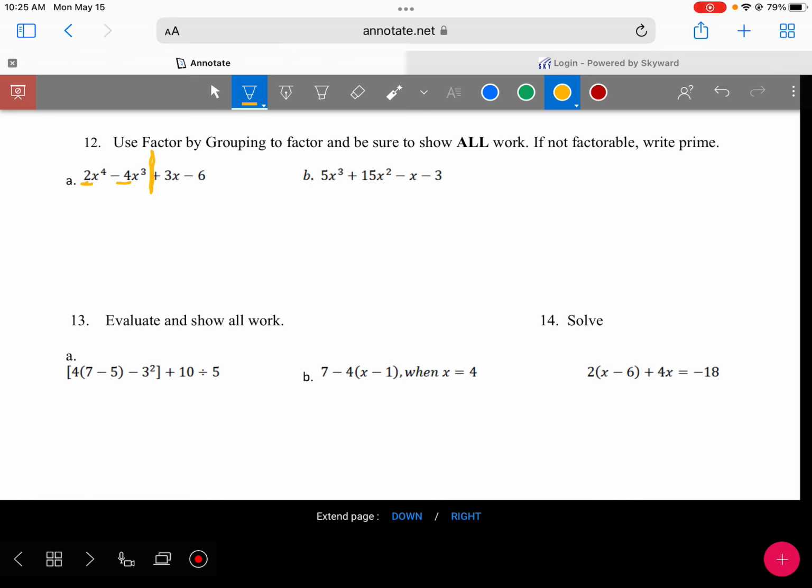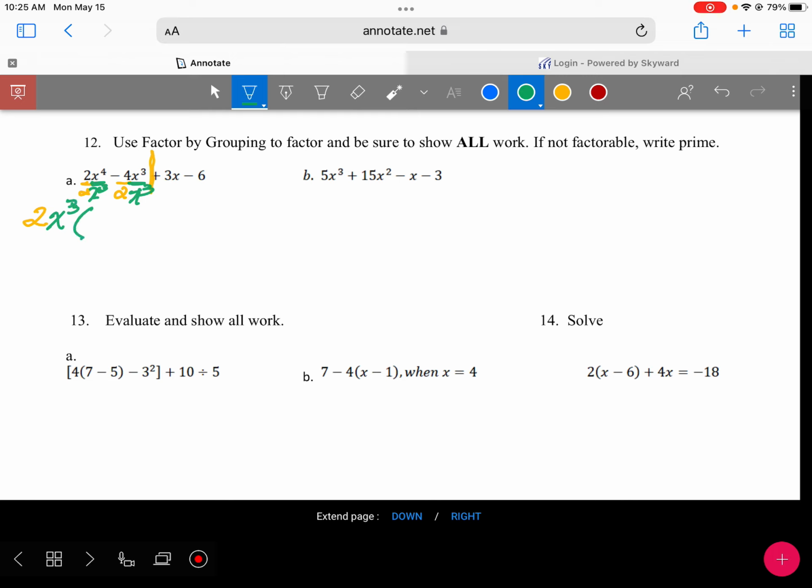What's the greatest common factor of 2 and negative 4? 2. So divide by 2. 2 comes out. All right. How about x to the 4th and x to the 3rd? X to the 3rd. Yes, it's always the smaller amount.